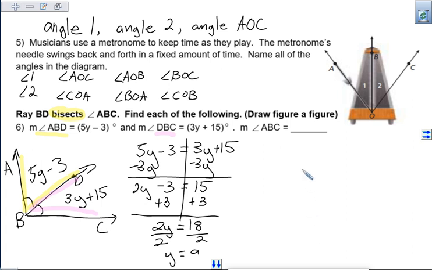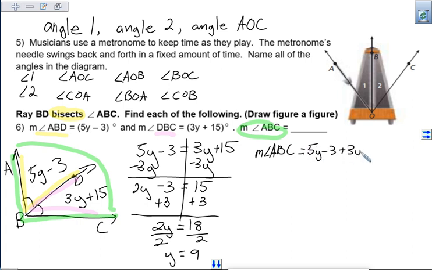Okay, and then it asked us to find the measure of angle ABC. Angle ABC is this whole angle. So we're not just going to plug into one of them. We're going to plug into both of them. So the measure of angle ABC would be 5y minus 3 plus 3y plus 15. And then we are substituting that y equals 9 into the y's.